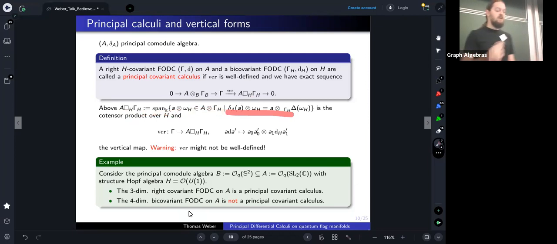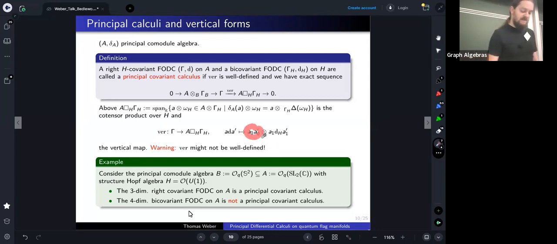It's kind of the dual definition to the balanced tensor product. So what about this vertical map? The vertical map goes from gamma into the cotensor product. And we know that we can write any element of gamma in this form here, a finite sum actually. And then we would like the vertical map to first coact on A and A prime. So this is the A0 and A1 and A prime 0 and A prime 1. And so we get something in A here that we can multiply.